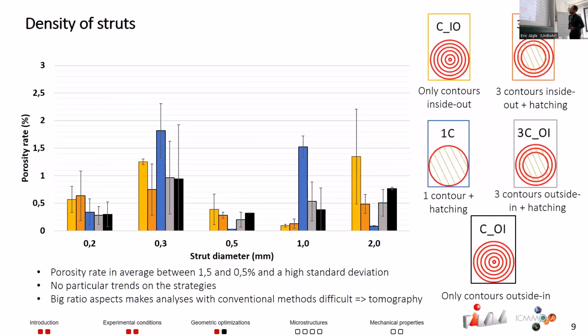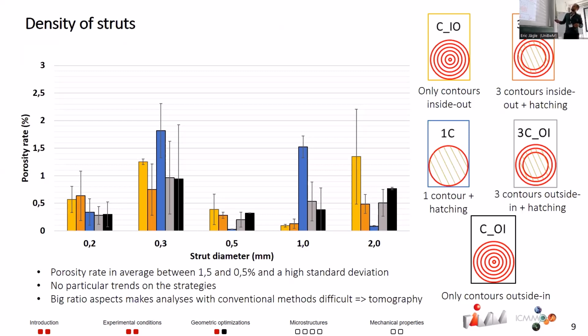When it comes to density of struts, it has been quite complicated because, as you can imagine, cylinders have a really big aspect ratio. So when you do a cross-section of your cylinders, it's really hard to get a porosity rate without a high standard deviation.